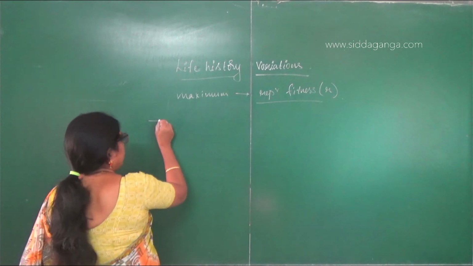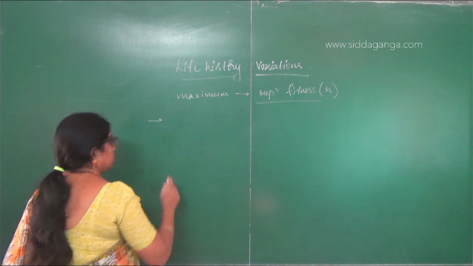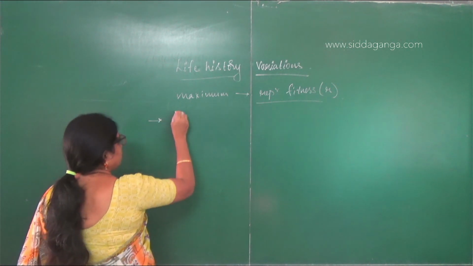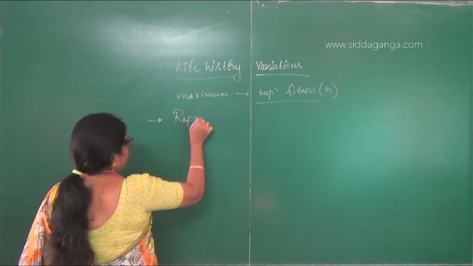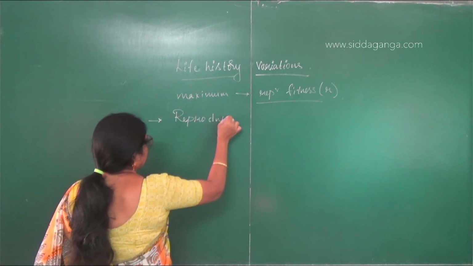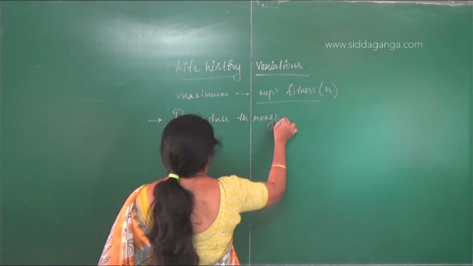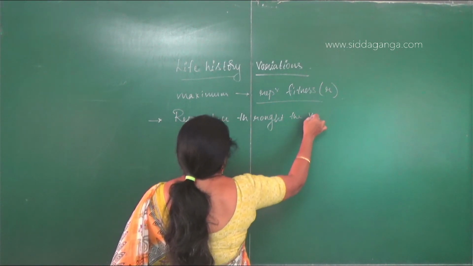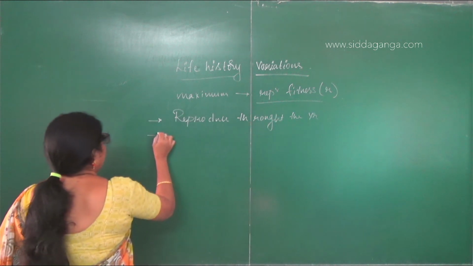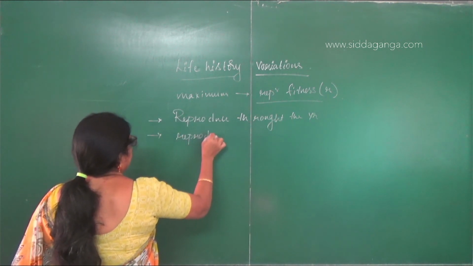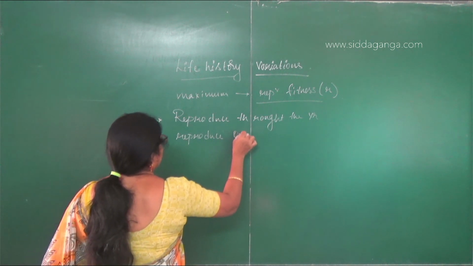Primarily, in some populations they reproduce throughout the year, whereas some reproduce once in a year.